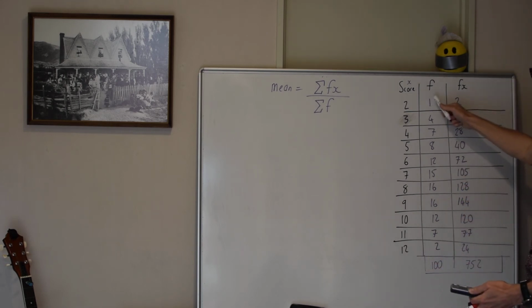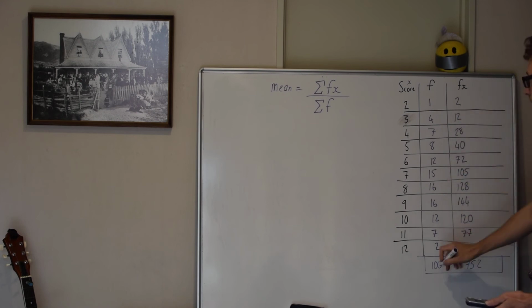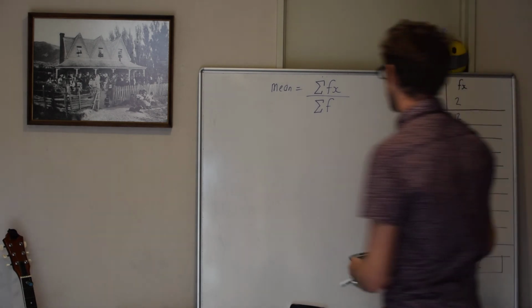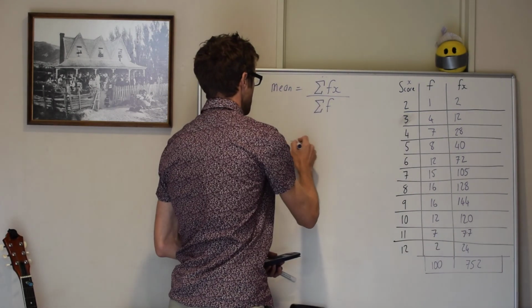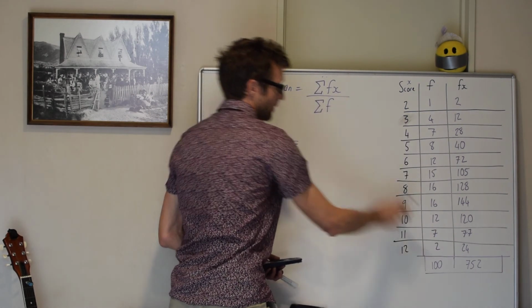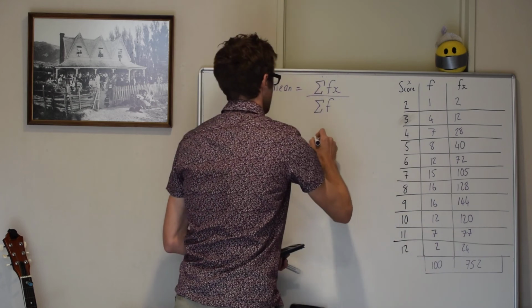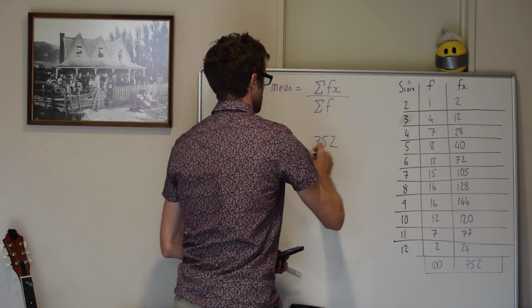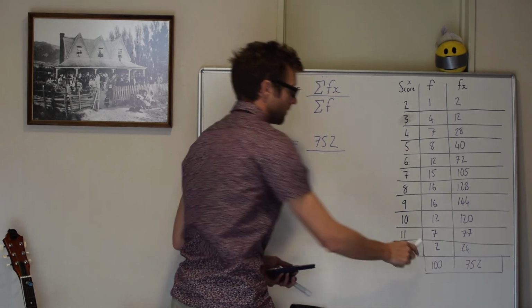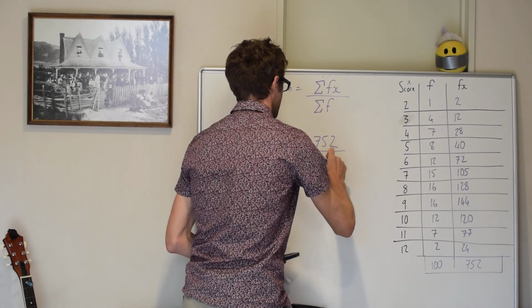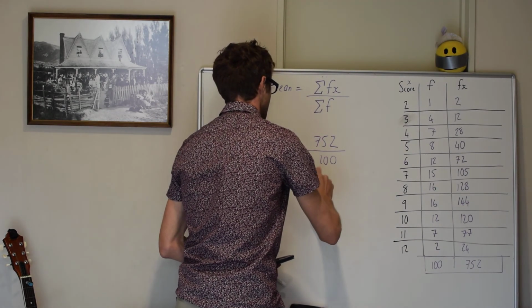So we summed all of the frequency and we get 100. We summed all of the fx values and we get 752. So therefore our mean is going to be sum of fx, 752, divided by the sum of f, 100, which is equal to 7.52.